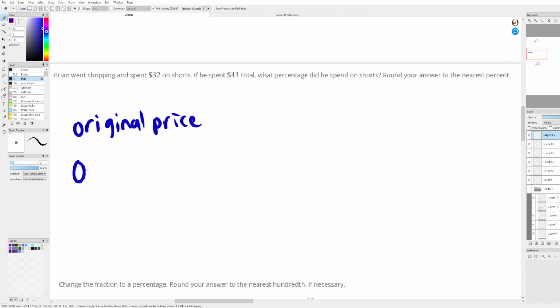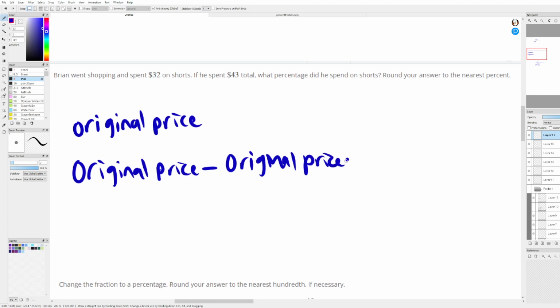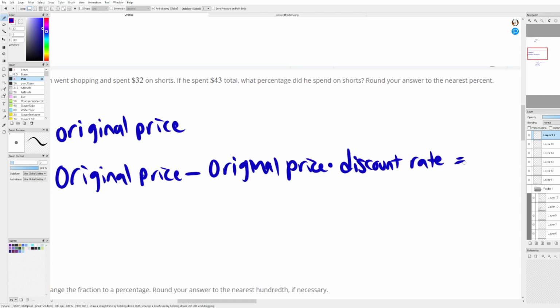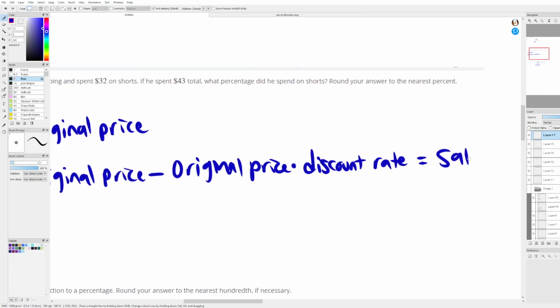If it's a discount, it'd be original price minus, since a discount is taking away some of the price, the original price times the amount off. Usually it's in percentages, and you want to change this into decimal form. So times the discount rate is equal to our sales price.